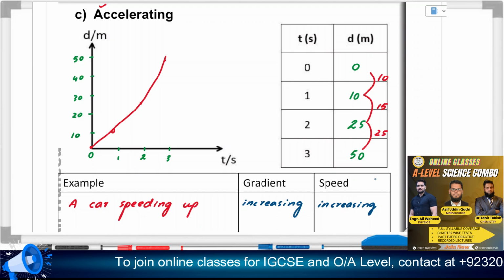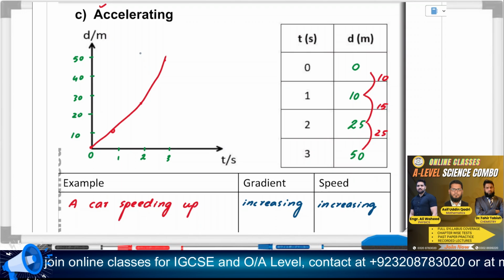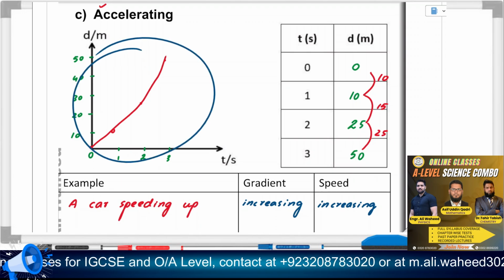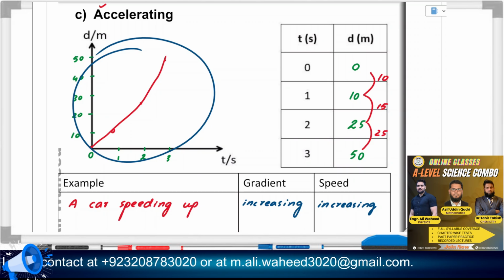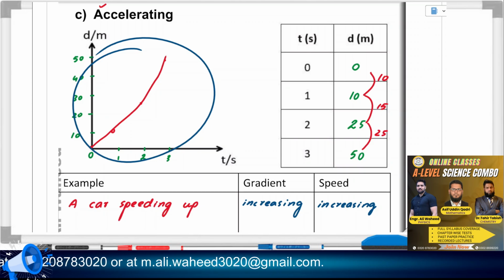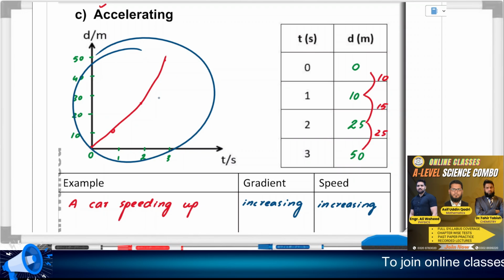And let me ask you the question, can you find the gradient of this graph? And before that, do you know how to find gradient in the first place? Yes, sir. Okay, so how can you find the gradient of this graph?